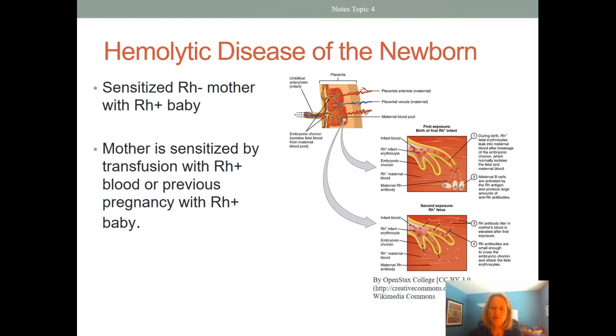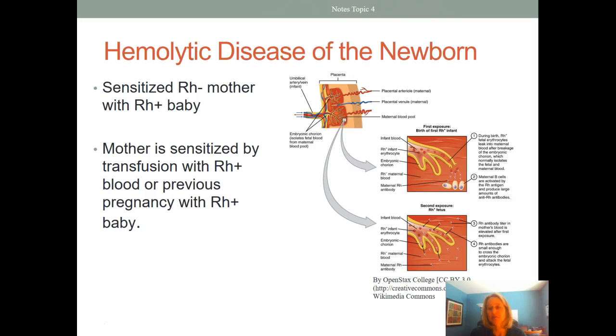Now the first baby's okay because the mother and baby's blood supplies are separate. Antibodies can go across, but if she hasn't already been exposed to the antigen, then they can't attack the baby.